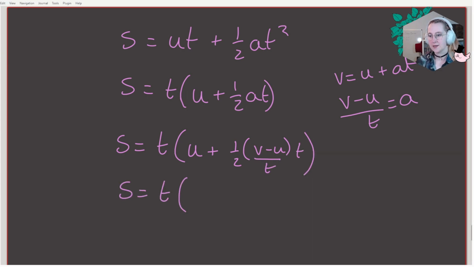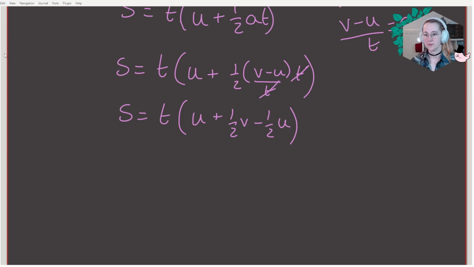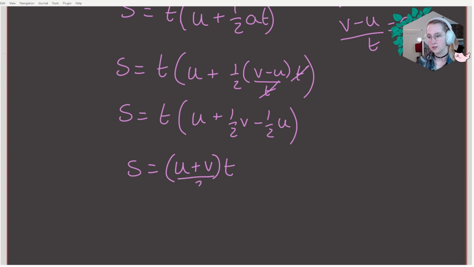So the t's cancel here, and we've got s is t times u plus half v minus half u. So u minus half u, we just get positive half u. That gives s is u plus v over 2, times t. And that is equation 4.